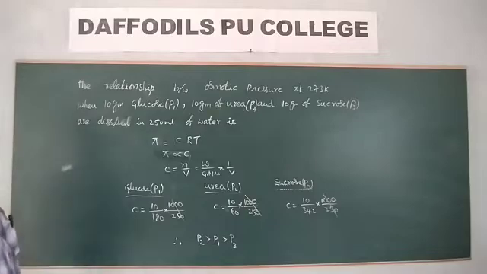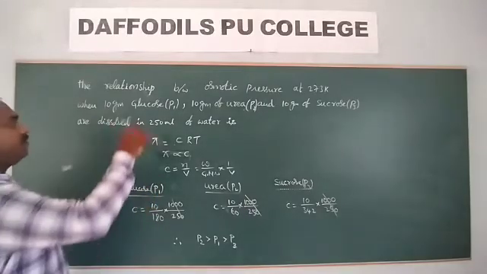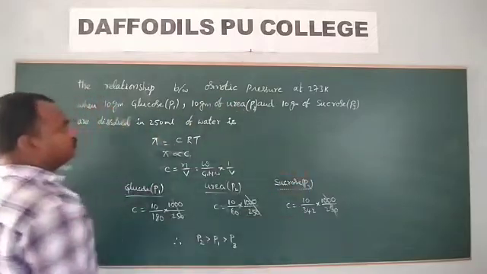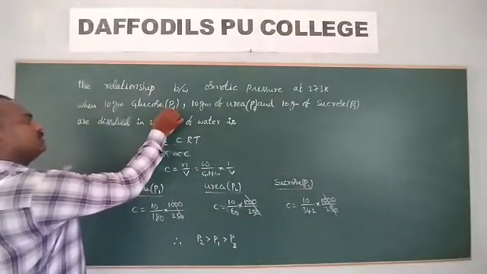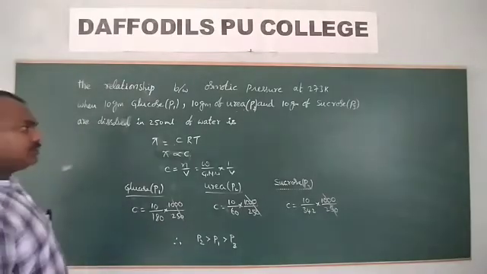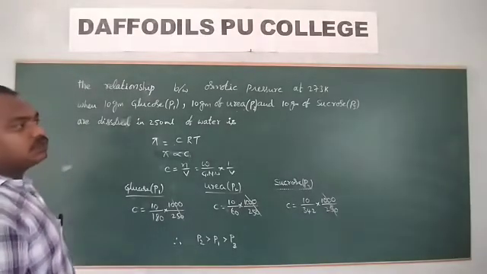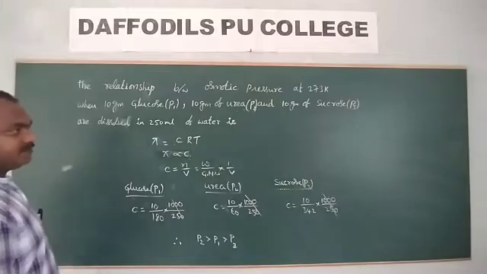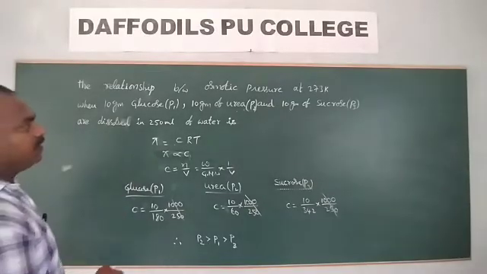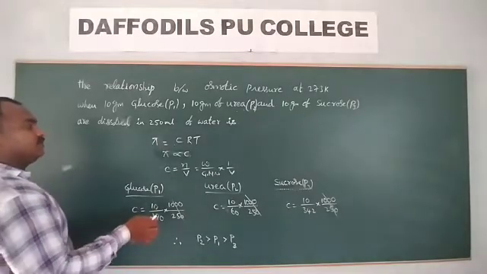You have to express the relationship between the glucose solution, urea solution and sucrose solution. Glucose solution is taken as P1, urea solution as P2, sucrose solution as P3. So they are asking to express the relationship between the osmotic pressures.